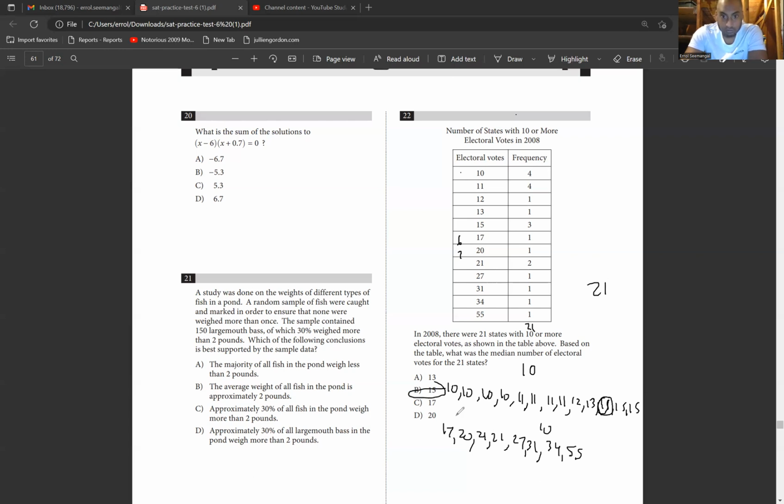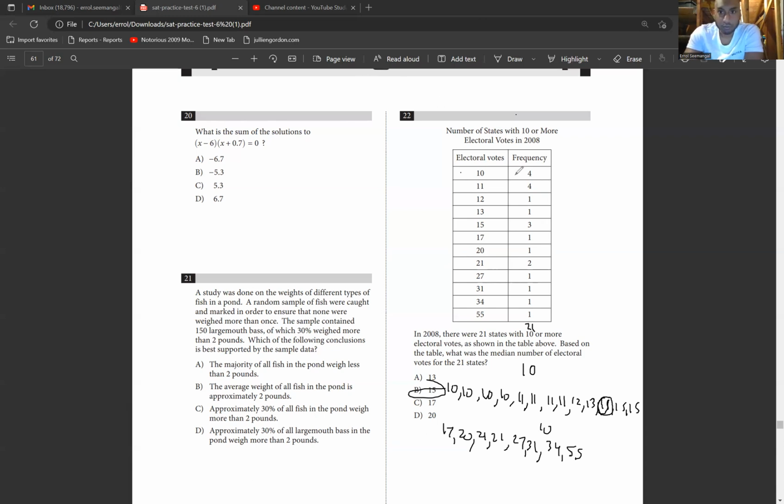Yes, 15. Okay. Now, if these numbers are crazy big, like 7, 13, 22, how would we do it if those frequencies were very large where we couldn't write them out? Let's see if this makes sense.